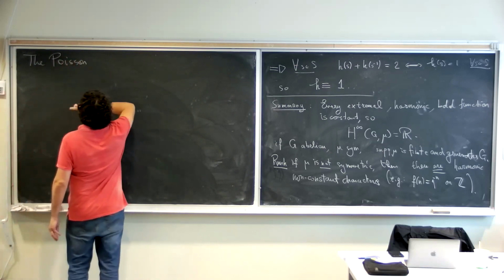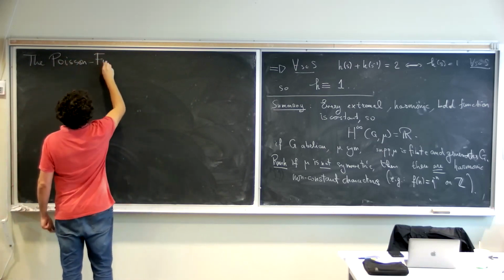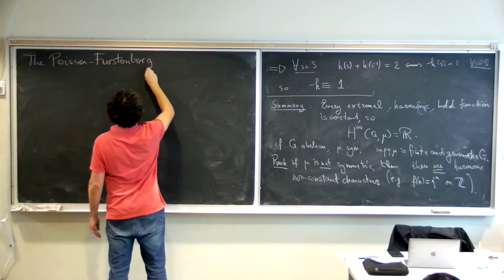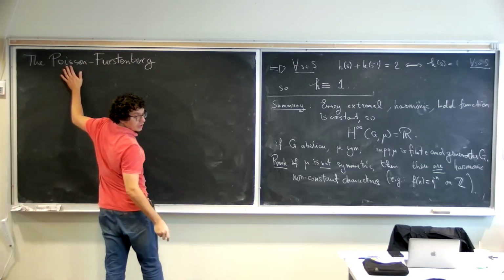Since this theorem is due to Furstenberg, sometimes people call it the Poisson-Furstenberg boundary. Since it's too long to write, I will mostly just write Poisson.